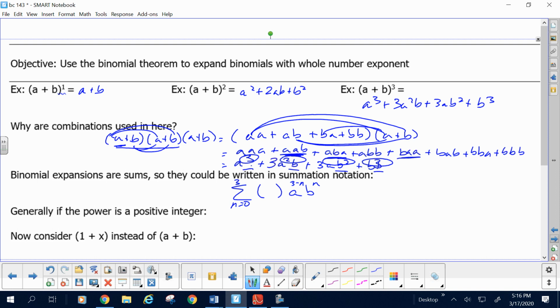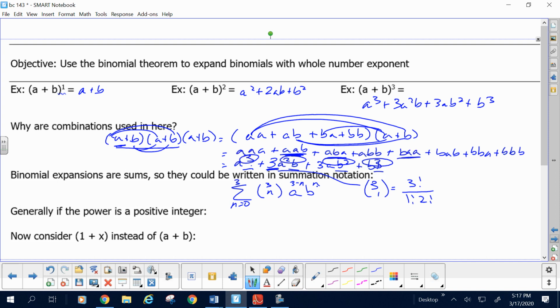And then the coefficients. Now, we talked about the coefficients being combinations of 3 choose whatever the power of b is, yeah? So, for example, this guy came from 3 choose 1, which is 3 factorial over 1 factorial 2 factorial.